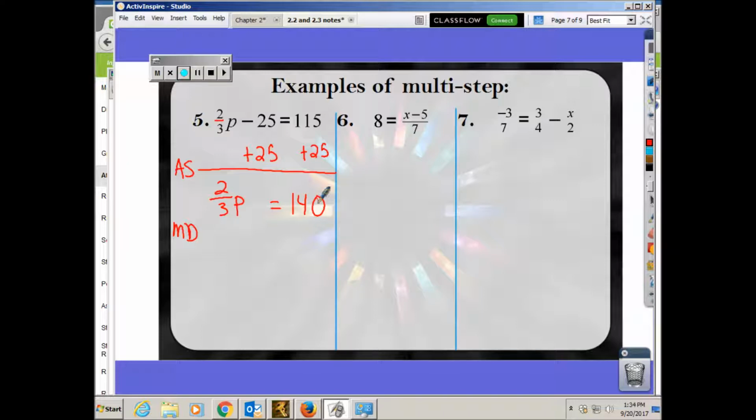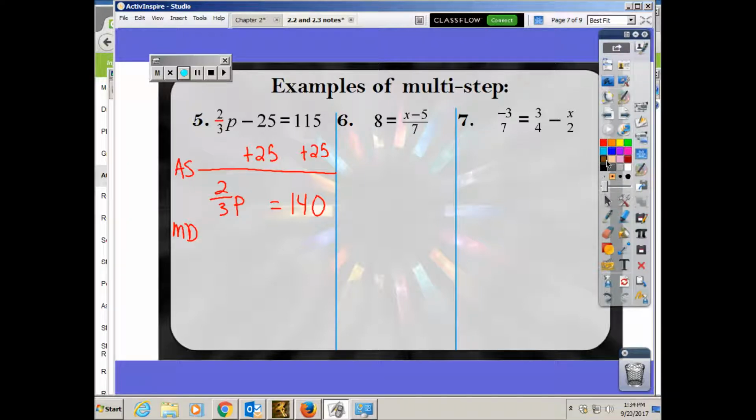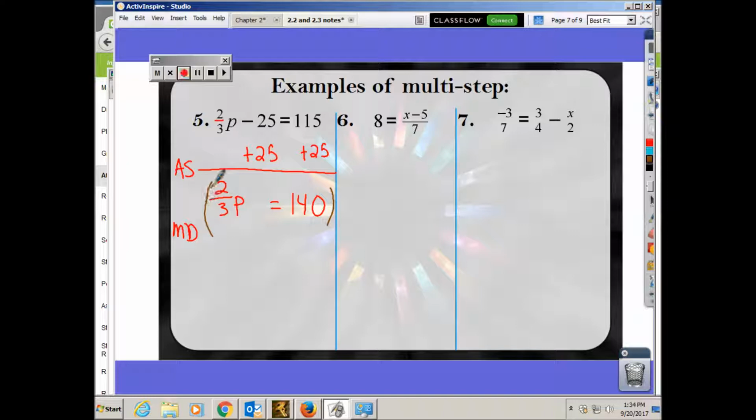Now I'm going to deal with that fraction. If you're watching at home for the first time and you don't know how to clear a fraction, I would refer you to the Clear That Fraction video prior in this series. Clear that fraction.